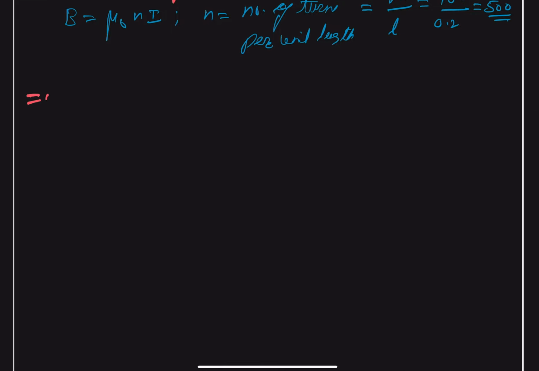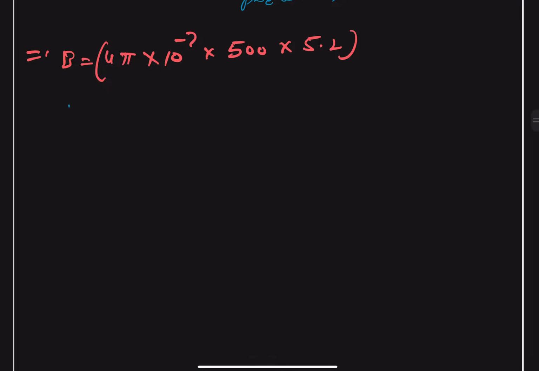So B is equal to 4 pi 10 to the power minus 7 multiplied by 100, and current is 5/2 amperes. The magnetic field will be approximately equal to 2600 ampere per meter.